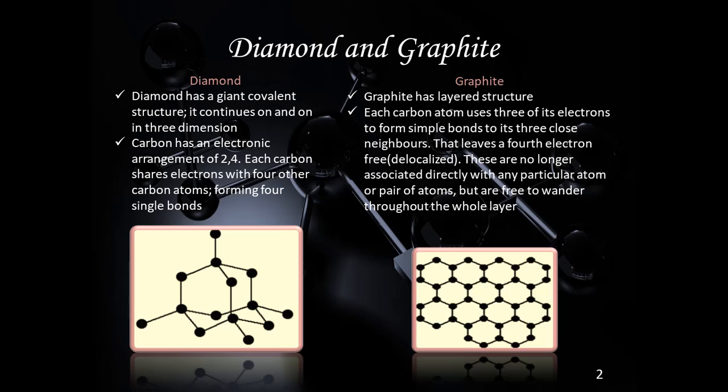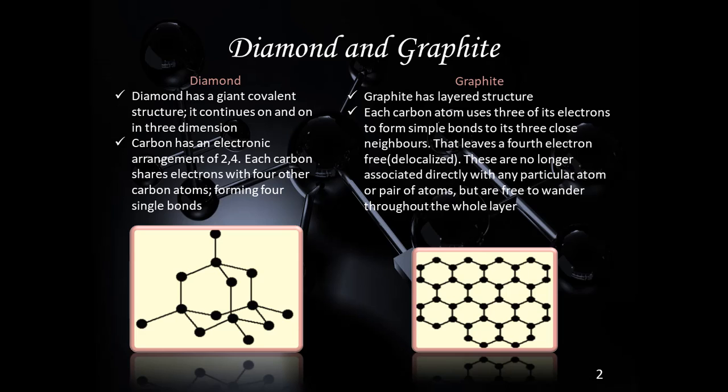On the left-hand side is the diamond structure, where one carbon atom is covalently bonded with 4 carbon atoms, while on the right side, in graphite, one carbon atom is covalently bonded with 3 carbon atoms. So one electron of each carbon atom is free, and that free electron is responsible for conduction in graphite.